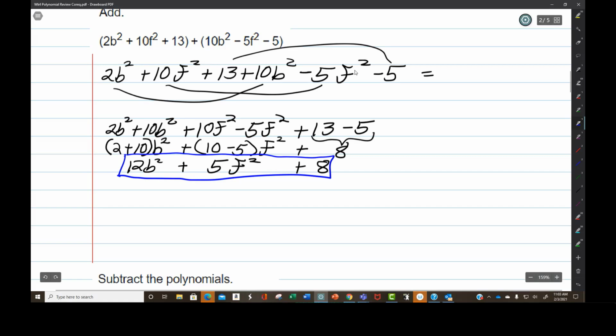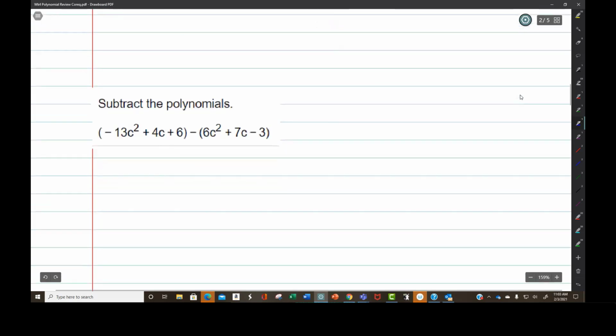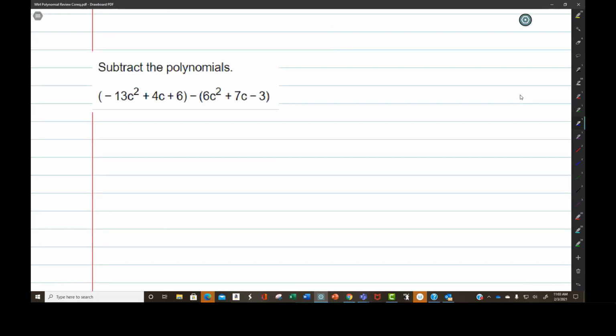Now comes subtraction, which is dangerous because it looks so easy. Here you've got polynomial number 1, and you're subtracting polynomial number 2. What could be easier? Well, with polynomials, it's deceptively dangerous.